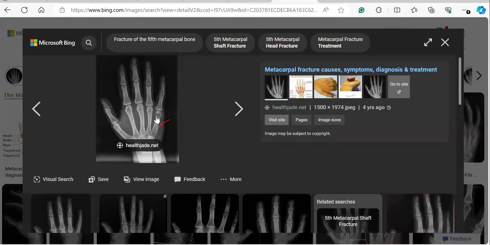So metacarpal fracture looks like this. So this is the metacarpal bone, as you can understand. For metacarpal fracture, you will need to reduce it if it's needed. If it is well aligned, then there is no need. But if it is a displaced fracture, you need to reduce it and then put the patient on a posterior slab.